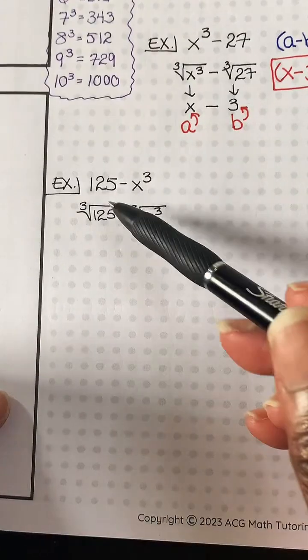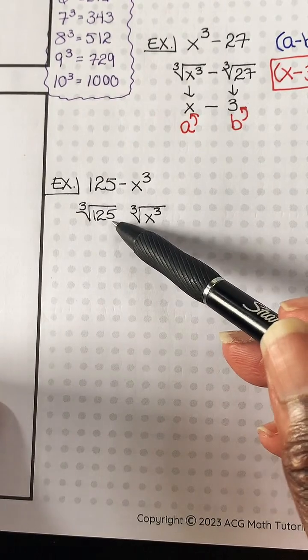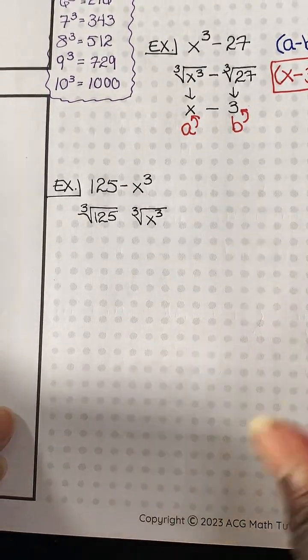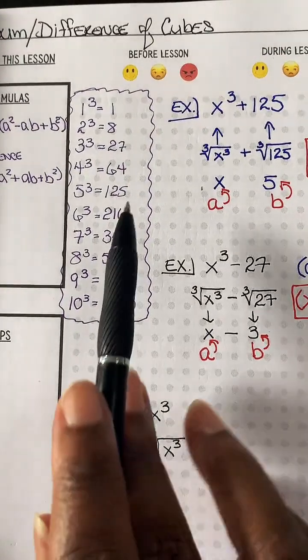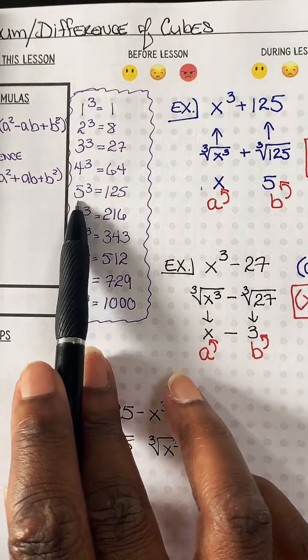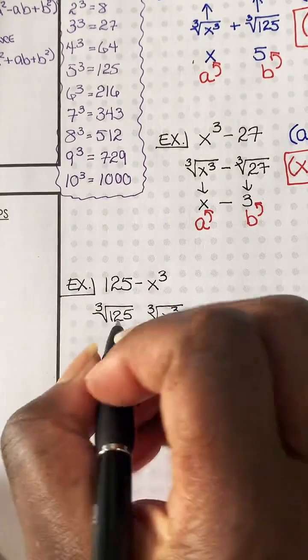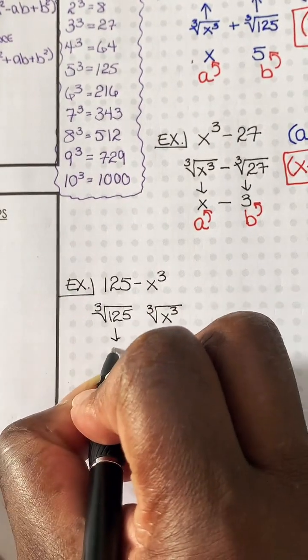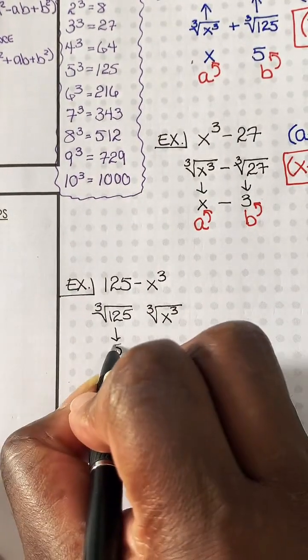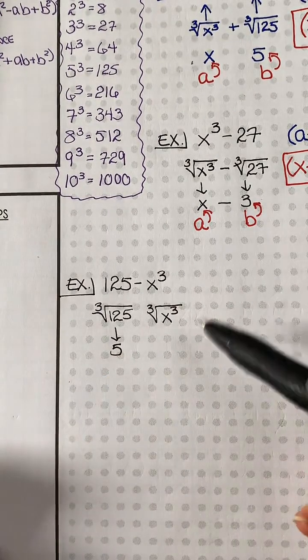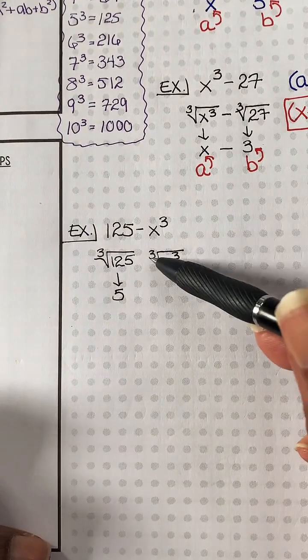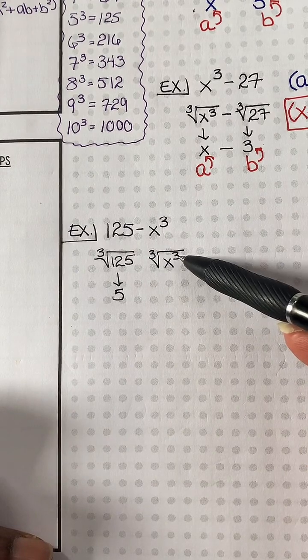All right, so if I did the cube root of 125, and we've already done that. Remember, 125 gave us 5. So this will be 5. Then the cube root of x cubed.